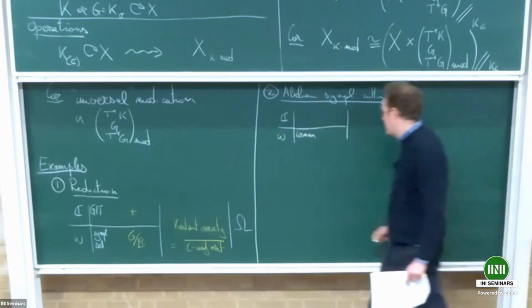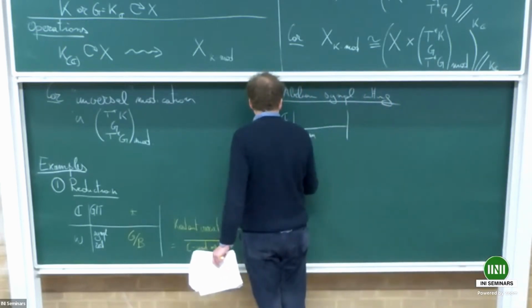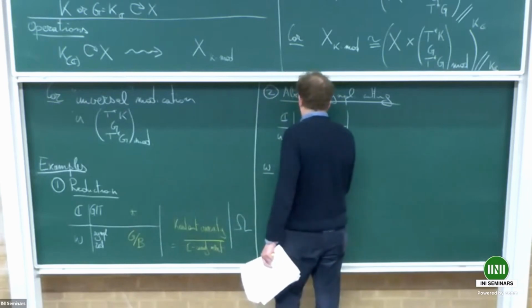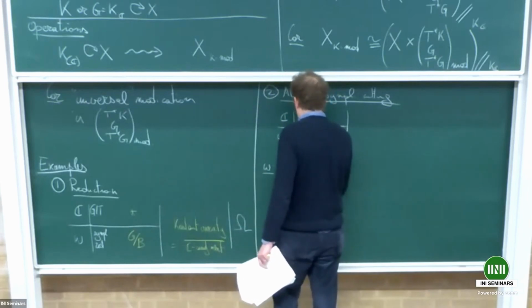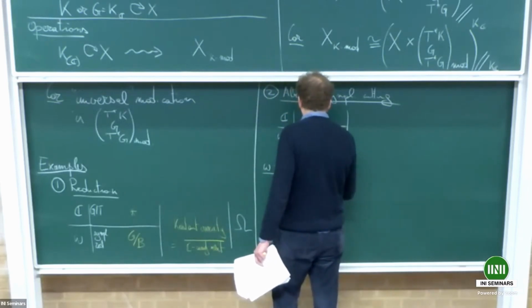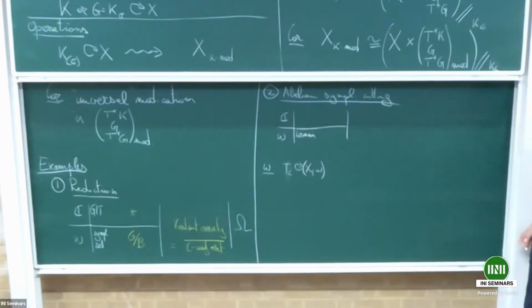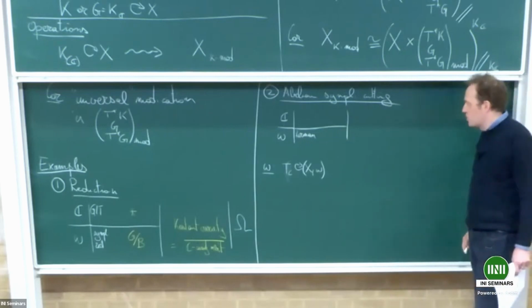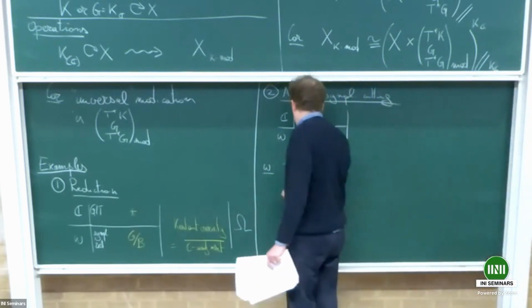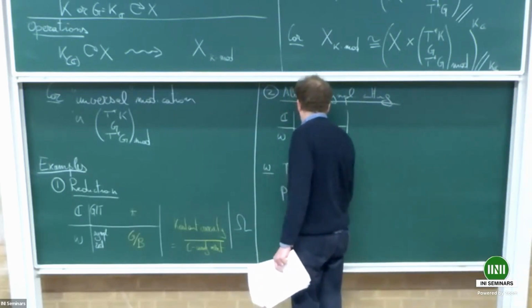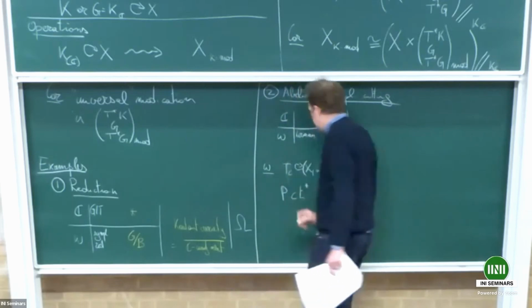So the real symplectic version says, now we have our compact torus that acts on a symplectic variety X in a Hamiltonian way, and we have a polytope inside of the dual of the Lie algebra.